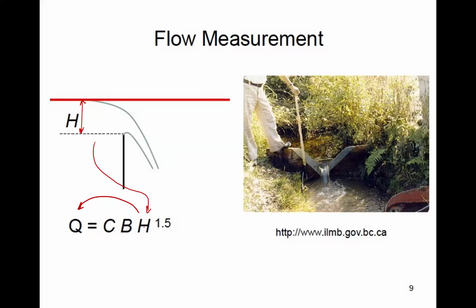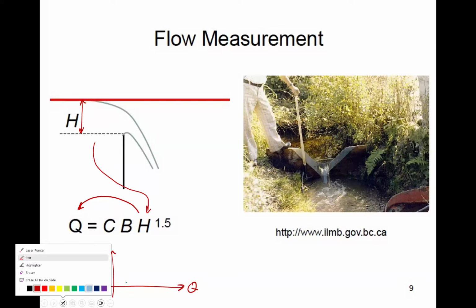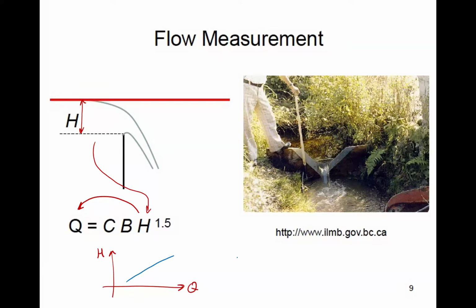So if you have a range of values for H and the corresponding discharges, you can develop a curve that shows us how discharge changes with water level upstream or head. And this is what we call a depth-discharge relationship or graph or equation. And in many references and in many practical situations, this is also called a rating curve.